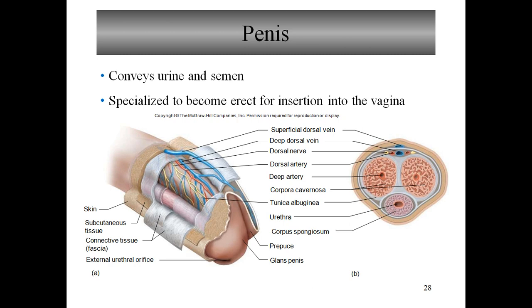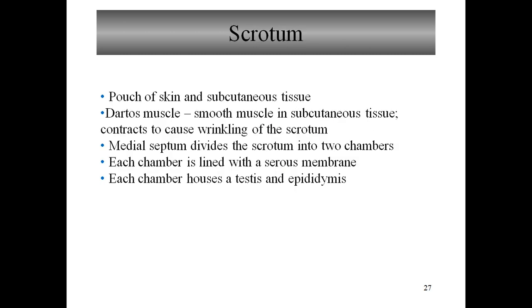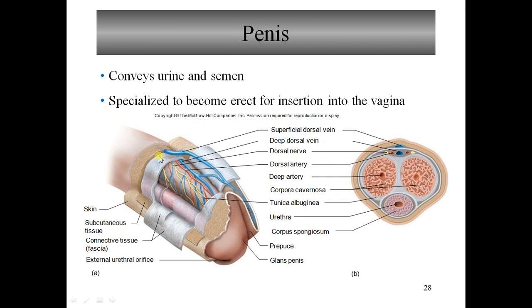The glans of the penis is the enlargement of the corpus spongiosum at its distal end. Distal means the last part, away from the starting point. So that is why it is very important.